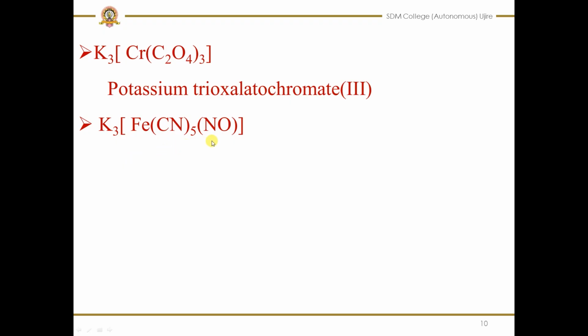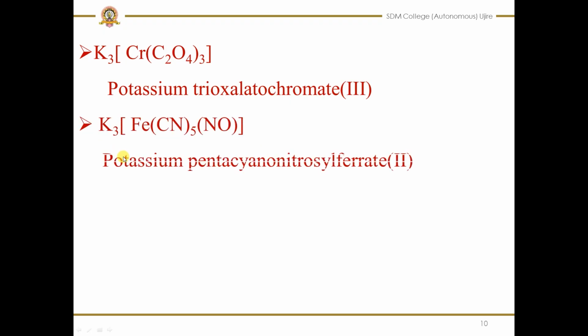So, first we have to write the name of the cation, that is potassium, then we have to write the name of the complex part. In the complex part we can see that there are two different types of ligands. One is CN- ions, and there are five CN- ions present, so we have to use the prefix penta.